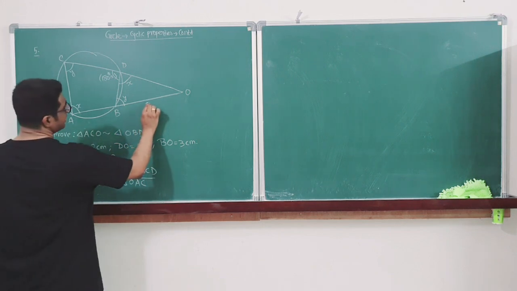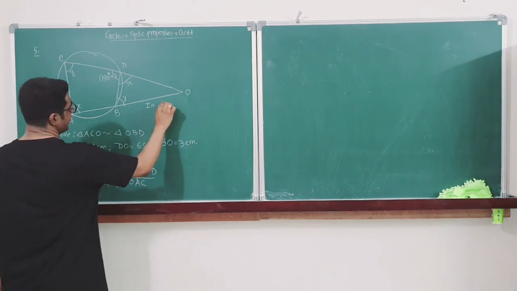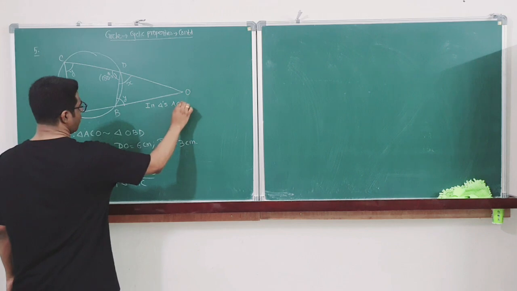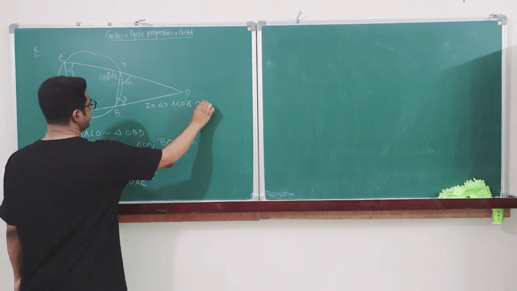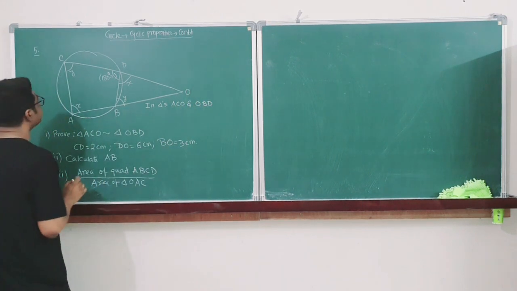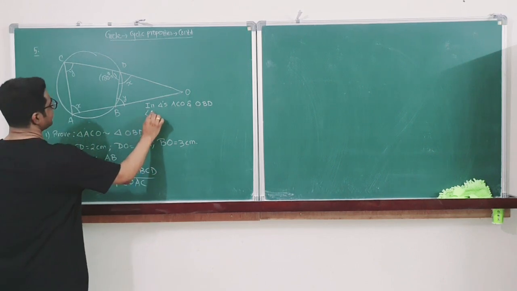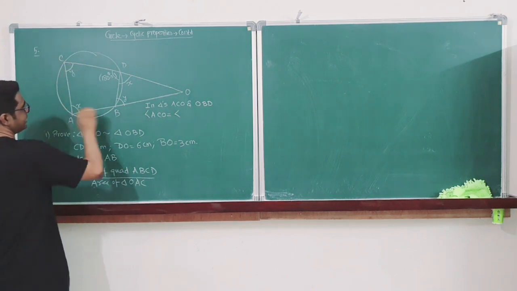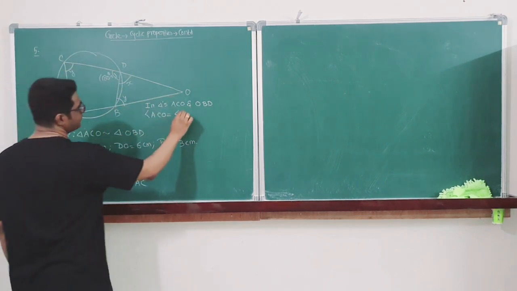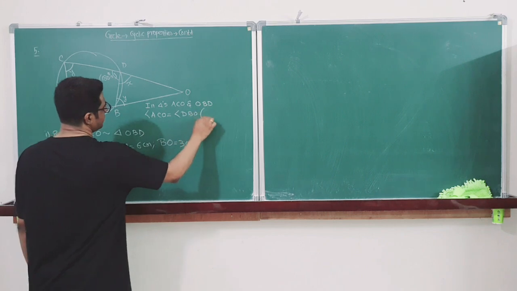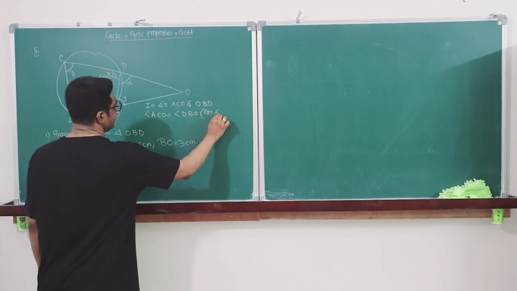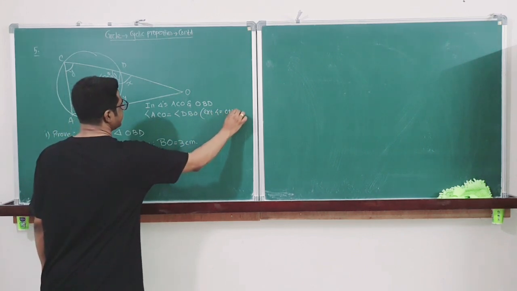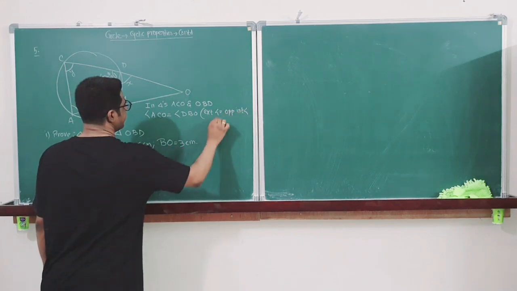So in triangles ACO and OBD, angle ACO is equal to angle DBO. Exterior angle equal to opposite interior angle in a cyclic quadrilateral.